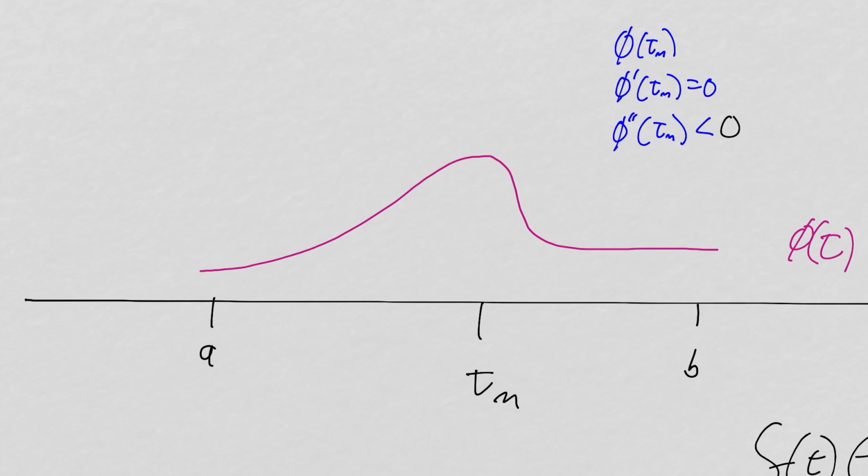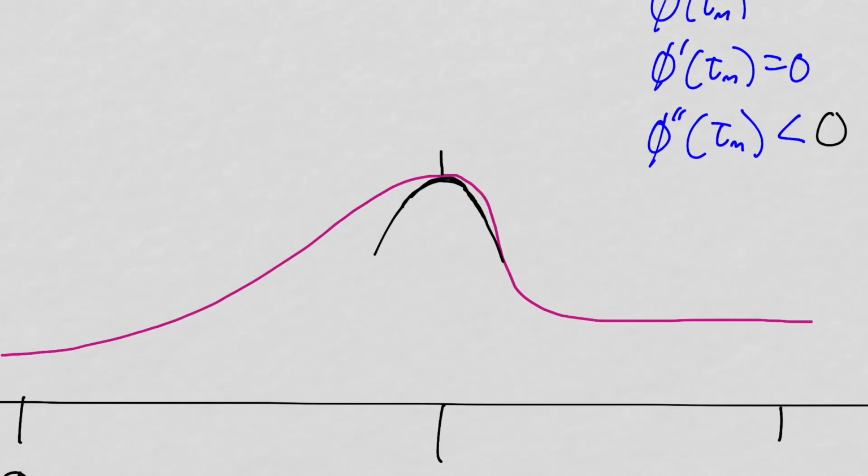So we now can replace the function phi by its Taylor series right around this maximum point. And if we did that and only did it to two terms, we would get a parabolic representation of the function at the point. And here I've kind of drawn some parabola.